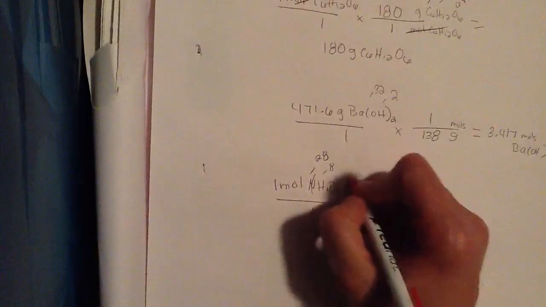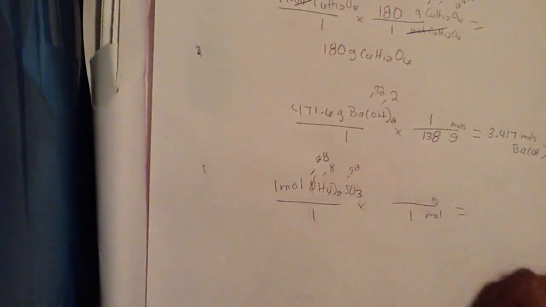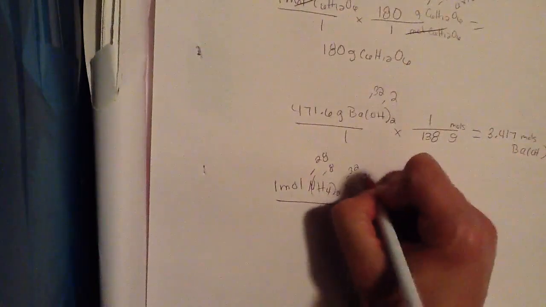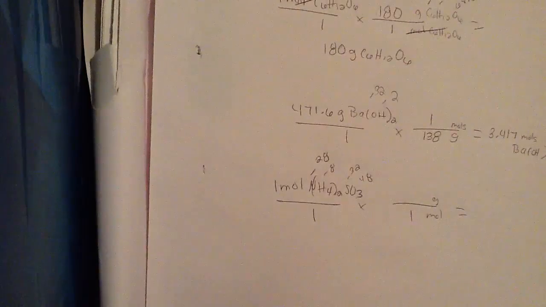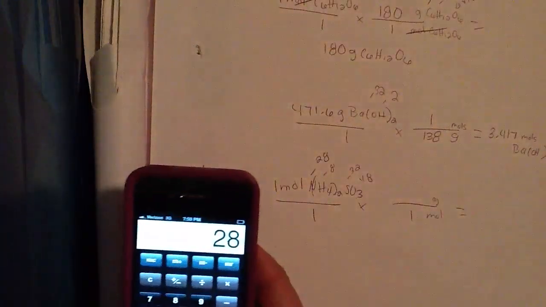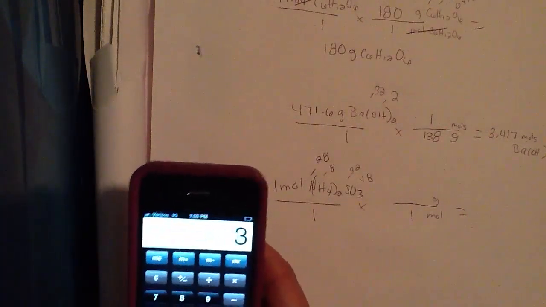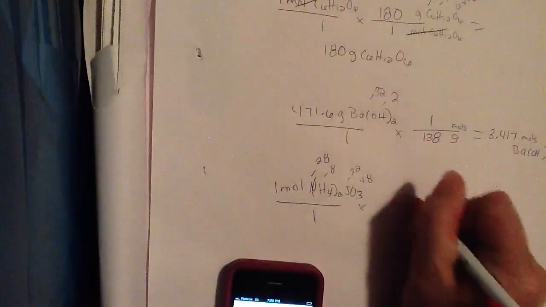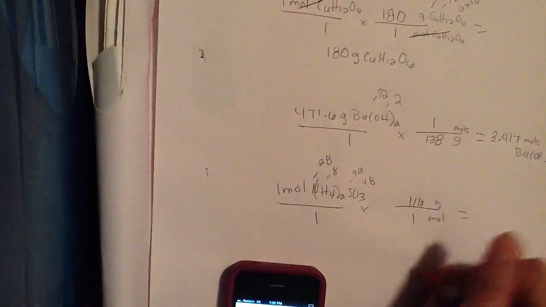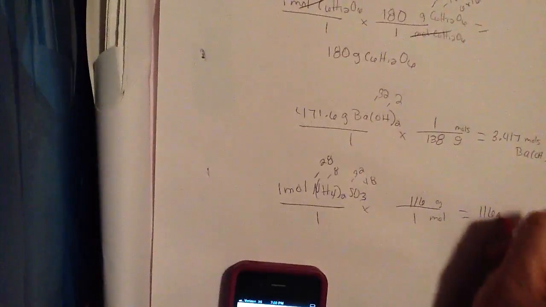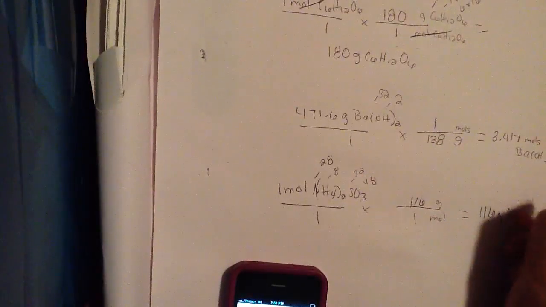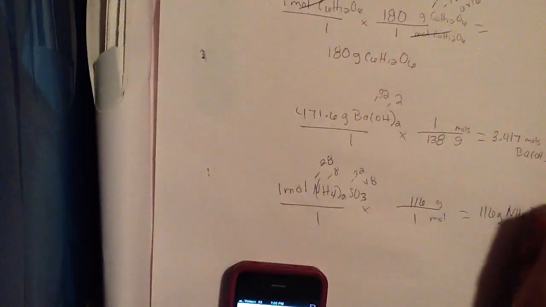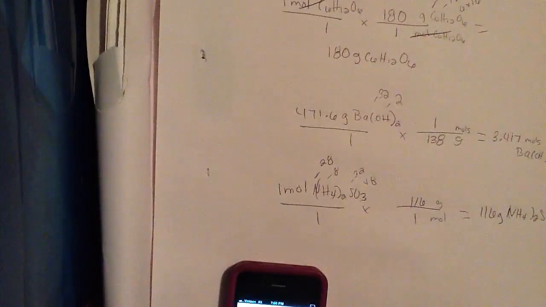We have 8 hydrogen times 1 is 8. Sulfur is 32. Oxygen is 16 times 3, is 48. So 28 plus 8 plus 32 plus 48 equals 116. Multiply 1 times 116. We're going to get 116 grams of NH4 parentheses 2 SO3, and that is just the molar mass.